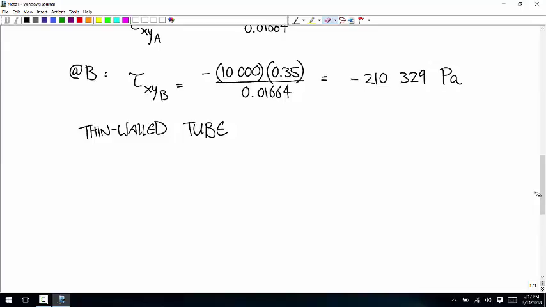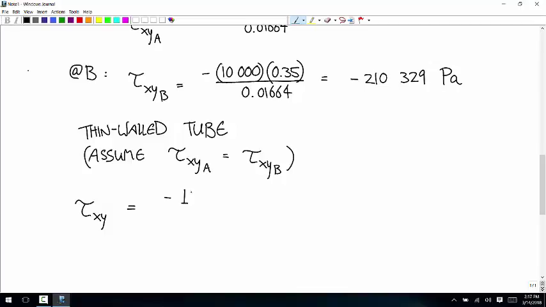So our formula for that is, now we're going to assume that the stress at A is equal to the stress at B. And so this single stress value that they share is equal to negative torque divided by 2 times the wall thickness times the area inside that median line.